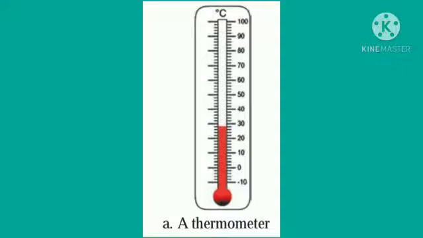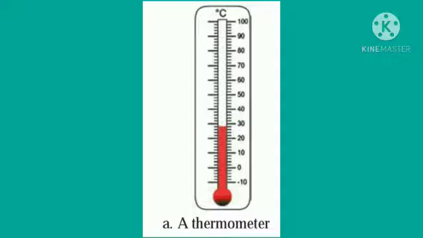This thermometer has a narrow glass tube which has a bulb at one end. The bulb and part of the tube is filled with a liquid. Earlier, mercury was used, but it is harmful for us. It has been replaced with alcohol.